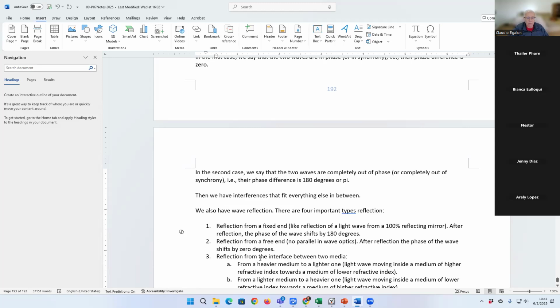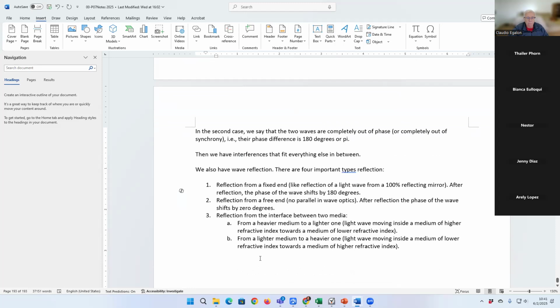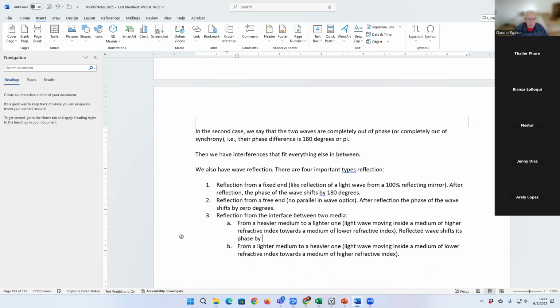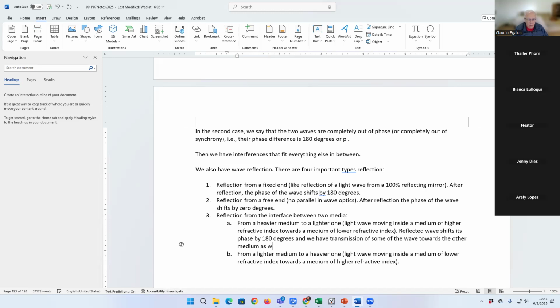Reflection from the interface between two media, from a heavy medium to a lighter one. The reflected wave shifts its phase by 180 degrees, and we have transmission of some of the wave towards the other medium as well.